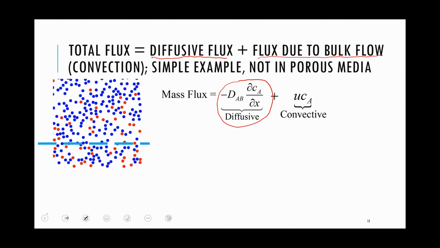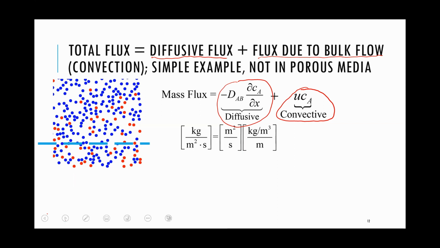So notice that the diffusion didn't stop when there is bulk flow. The bulk flow is on top of the diffusion, and the total mass flux is given by the summation of the two, and here they are in terms of units. Each component has the unit of kg per meter square per second, or mass per unit area per unit time. So this is still not in porous media. This is still in a simple two-component system.